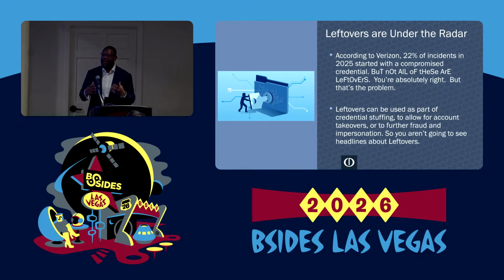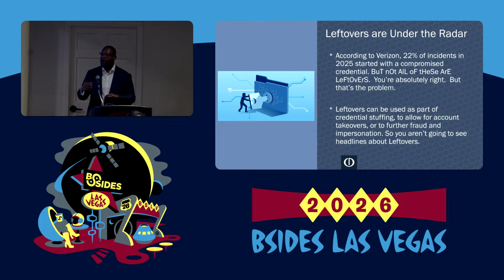And so that means that the use of leftovers, these previously compromised data, is really under the radar, right? According to Verizon, 22% of incidences in 2025 started with a compromised credential, but not all of those were based off of your previously exploited data, your leftovers, right?